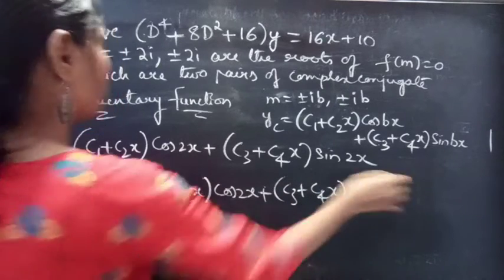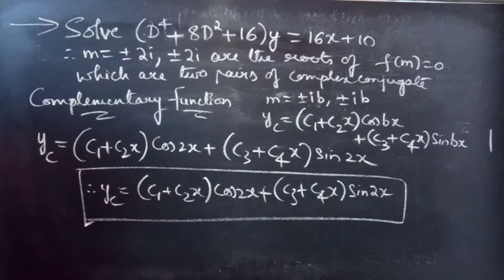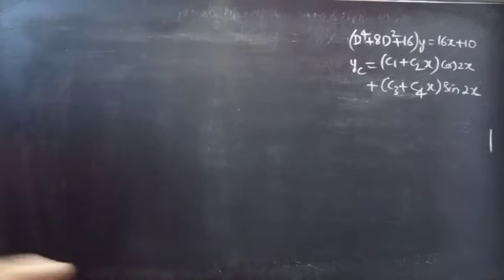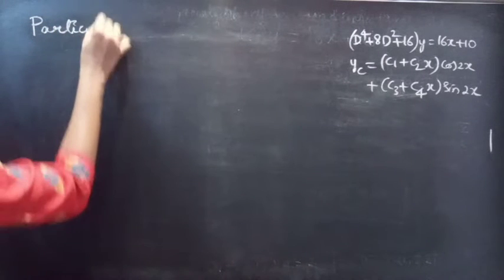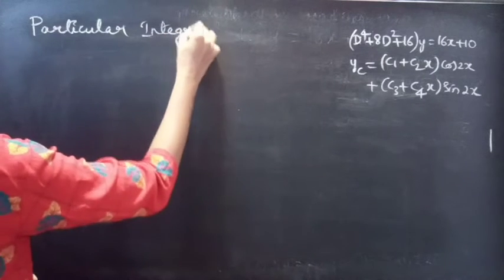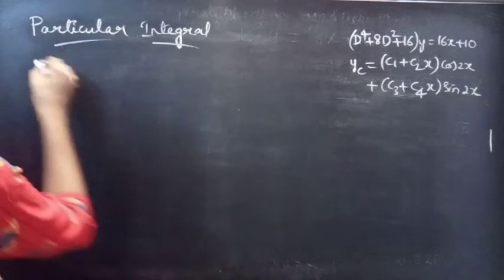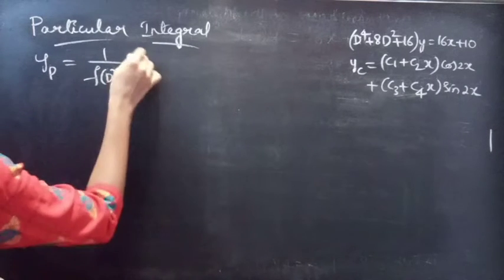Now we need to find the particular integral. We'll find the particular integral using 1 by f of d into q.